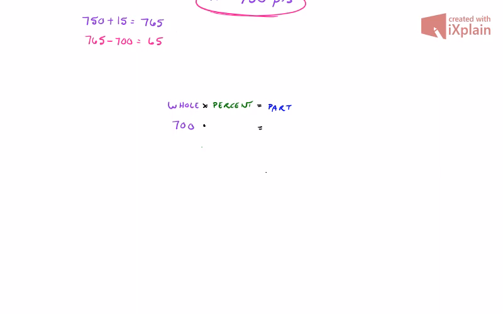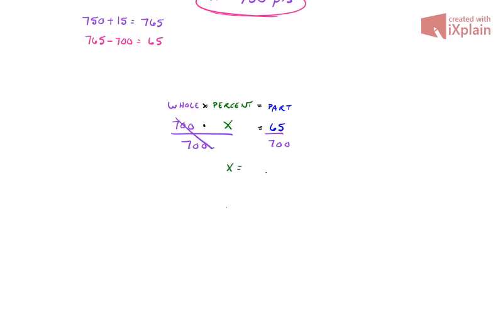In other words, what percentage of points does she need to increase it by? Well, I don't know what her percentage is, but I do know that she needs to add 65 to it. So in order to get that variable isolated, I'm going to undo the multiplication by dividing both sides by 700.